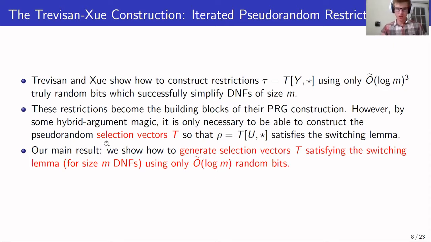Okay, so our main result is that in this setting, we show how to generate selection vectors t satisfying the switching lemma using only log n random bits. I don't list the dependence on the error here, but that's also log 1 over epsilon, about as good as you'd like. And in total, the whole thing, besides the log factors, is about as good as you would hope for this problem of generating just the selection vectors.